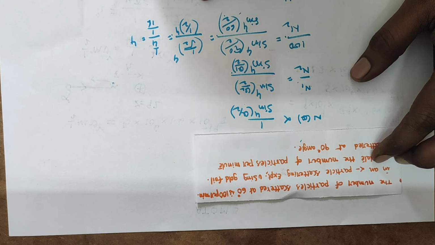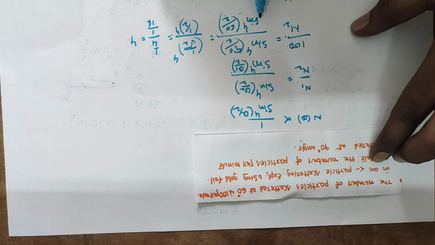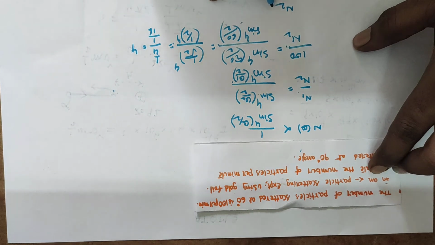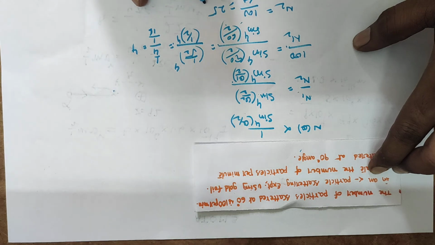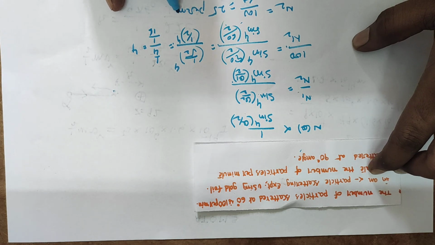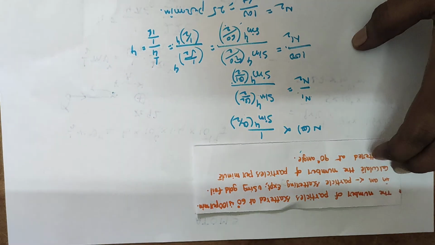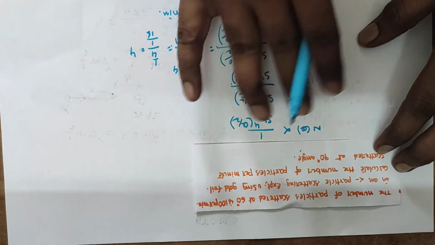From this we can find the n2 value. n2 is equal to 100 divided by 4, that is 25 per minute. So this is the third problem.